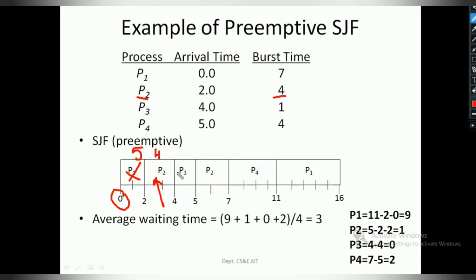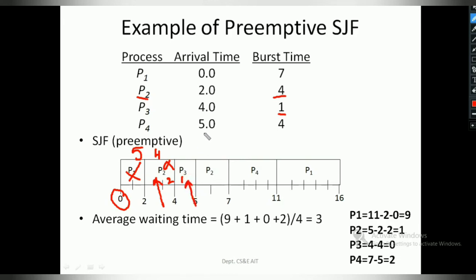When process P2 is executing, at the 4th interval of time, process P3 enters the system with the burst time 1. P2 has completed 2 burst cycles and P1 is with 5 remaining. Even then P3 has the smaller burst time, so I remove process P2 and assign the CPU to process P3.